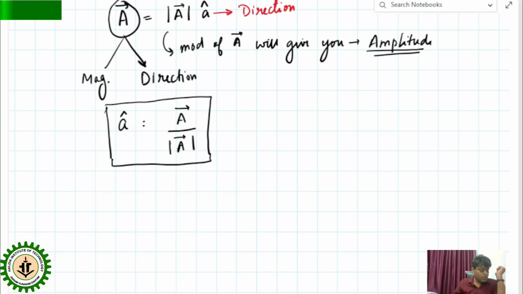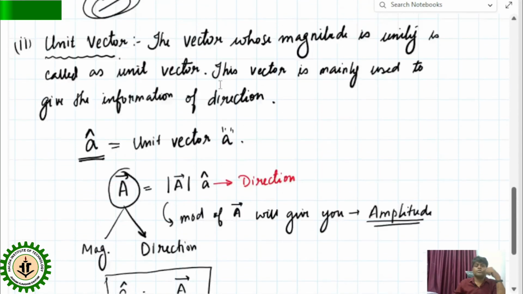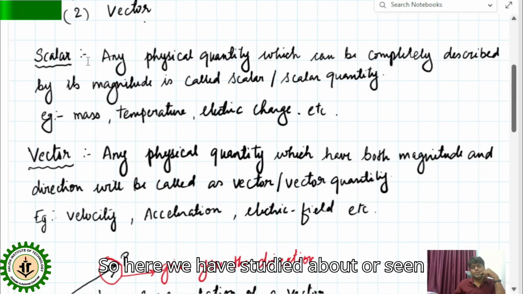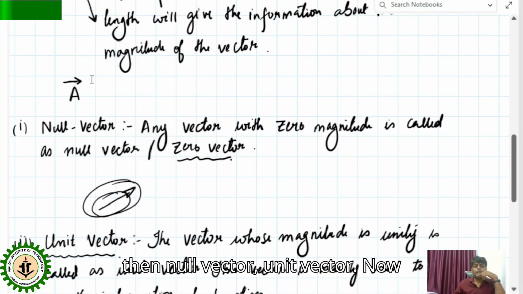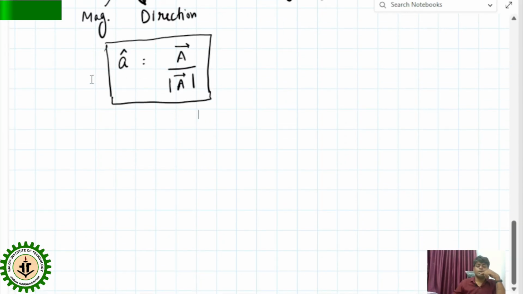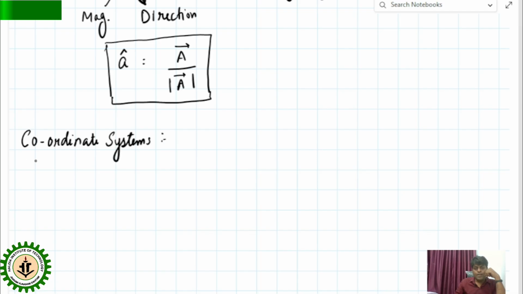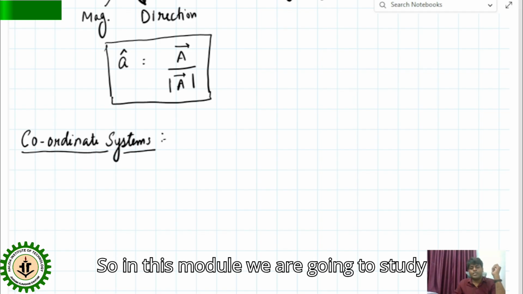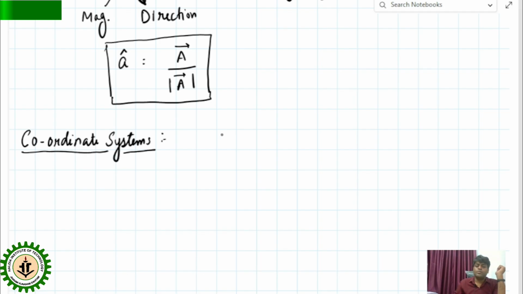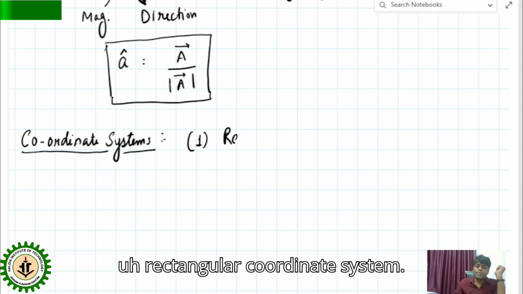Now coordinate systems. Here we have seen what is scalar, what is vector, then null vector, unit vector. Now coordinate systems. In this module, we are going to study three coordinate systems. First one is the rectangular coordinate system.